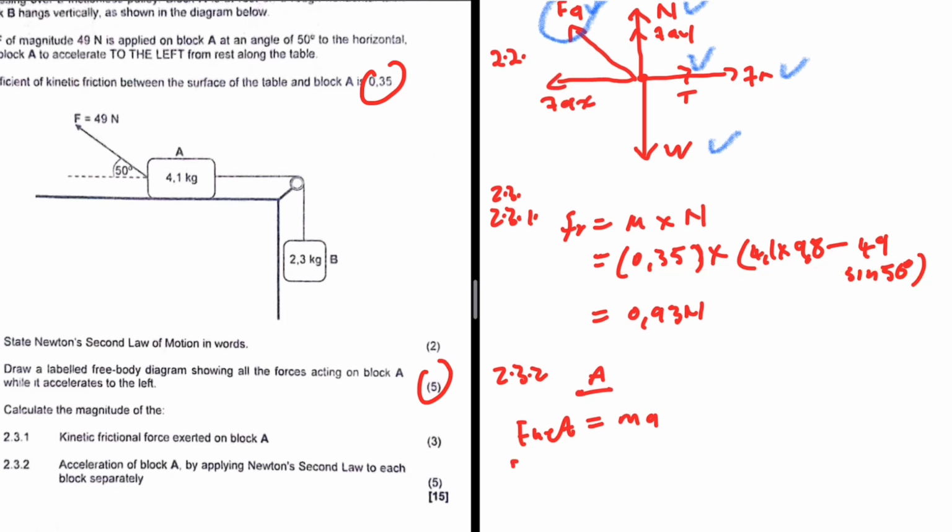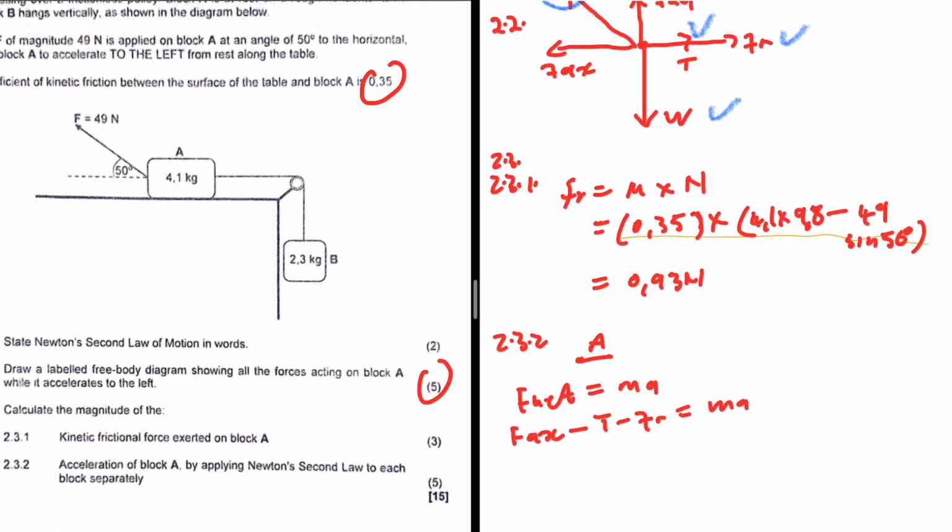So we have Fax minus all the forces that are opposing the motion of the object. Which forces are opposing the motion? The forces pointing in the opposite direction. So in this case it is the tension and the frictional force, and this equals ma.